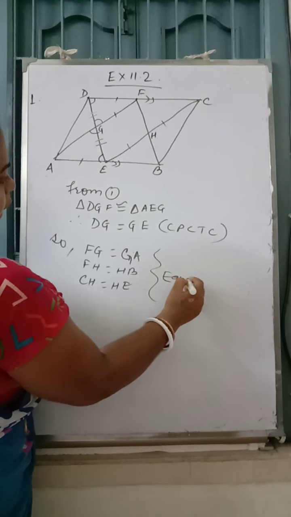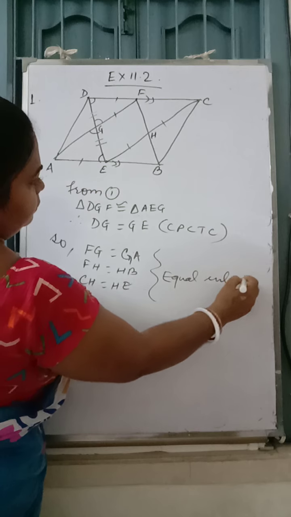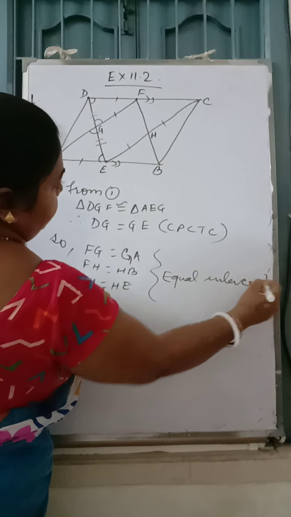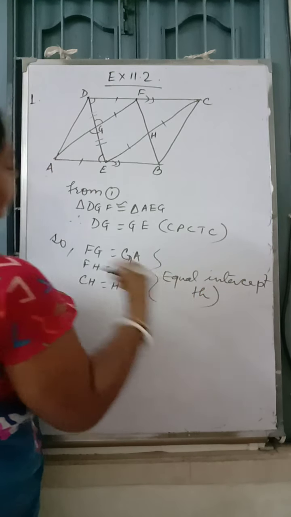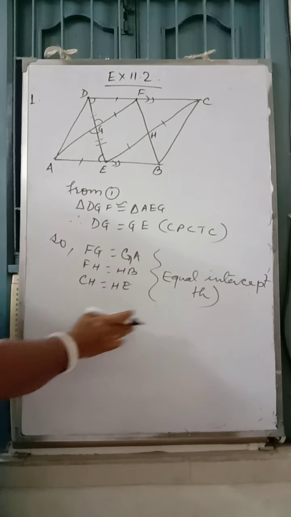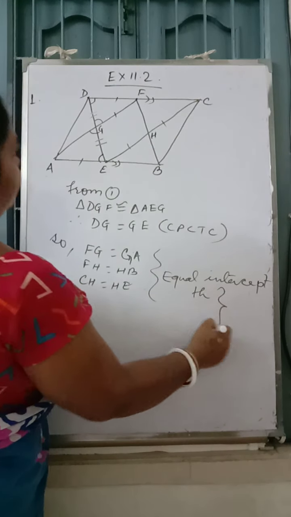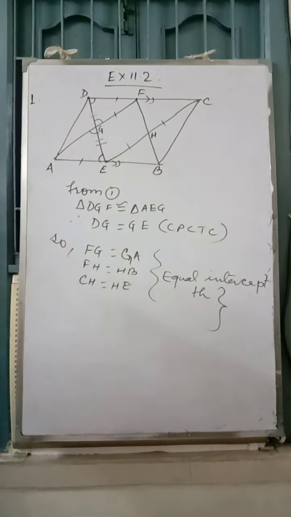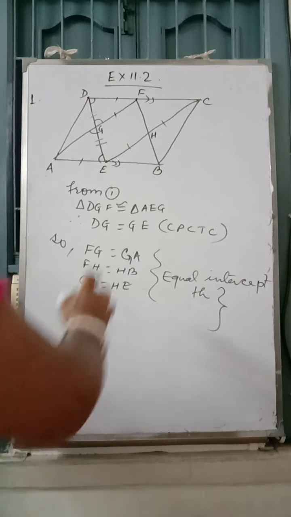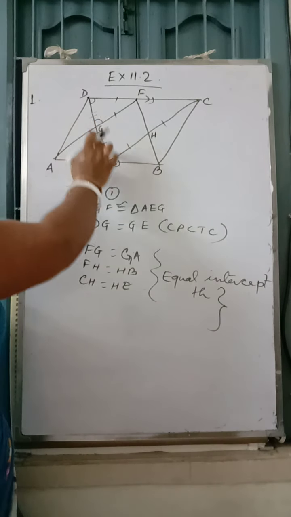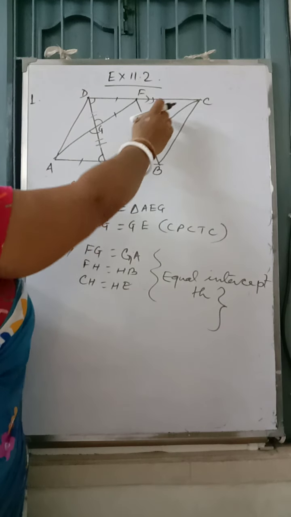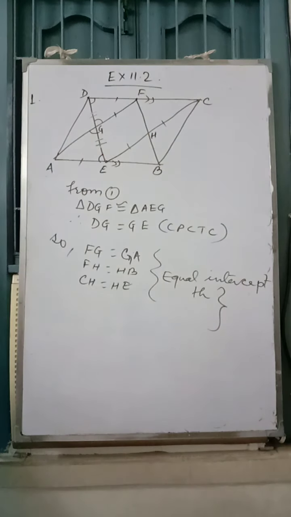Equal intercept theorem. We have learned if one transversal makes an equal intercept, the other transversals would make an equal intercept. Is it? We have learned this now. If these two are making equal intercepts, then all the transversals would make equal intercepts.